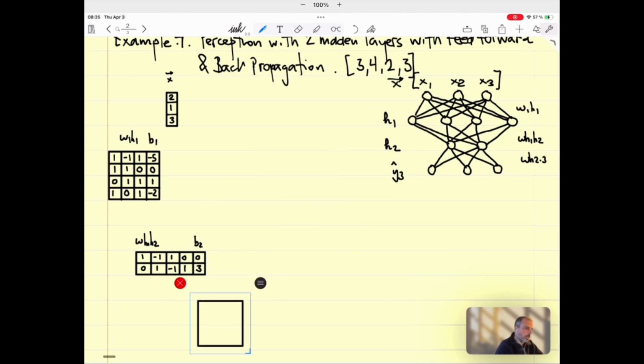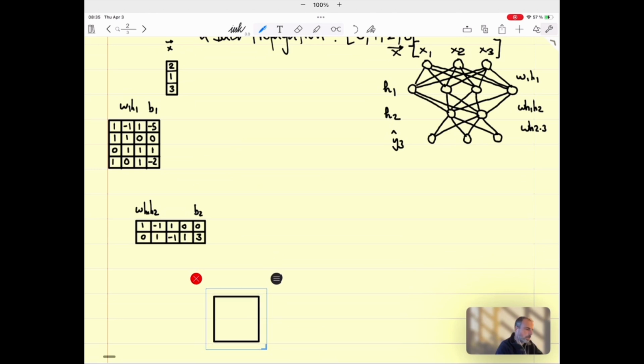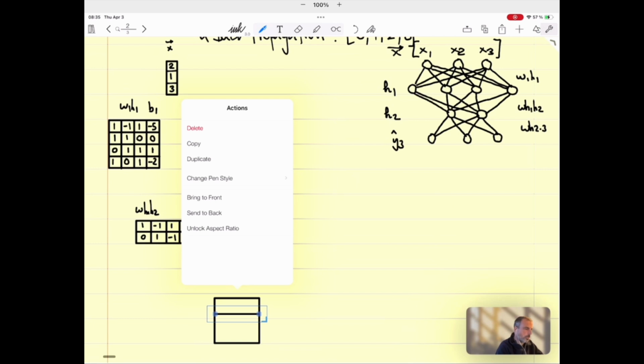Okay, so I need to put it somewhere here. And this is 3 by 3 with the weights and the bias.